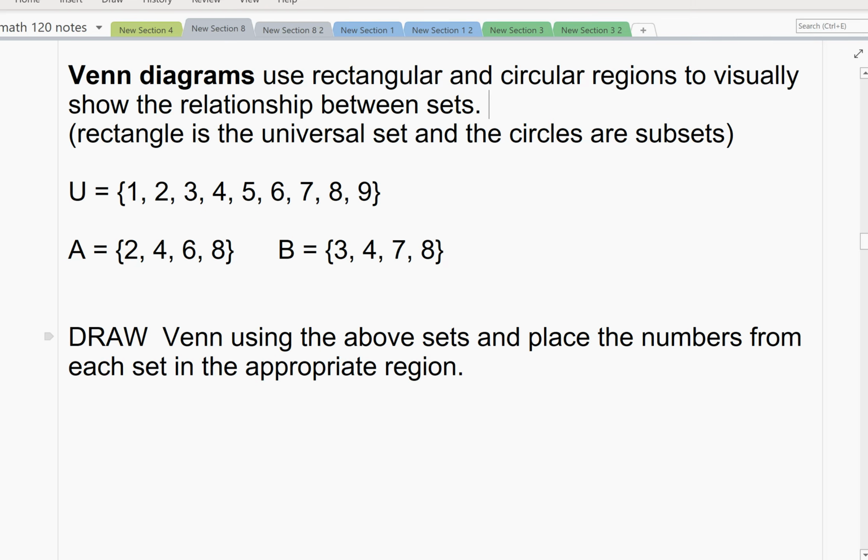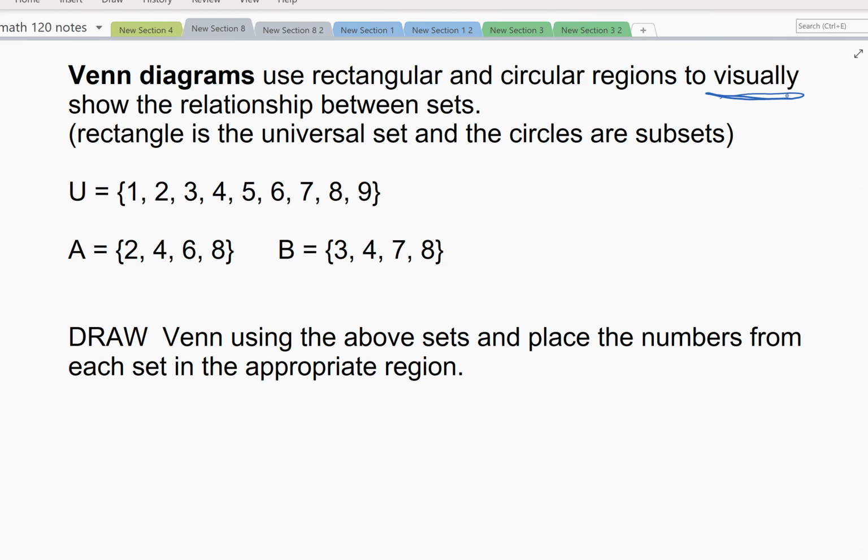Usually the universal set is drawn as a rectangle, and the subsets are drawn inside as circles. And again, like I said, it's a visual tool. A lot of things are helpful to understand visually, and that's what a Venn diagram allows us to do. It allows us to visualize the relationship between the universal set and its subsets.